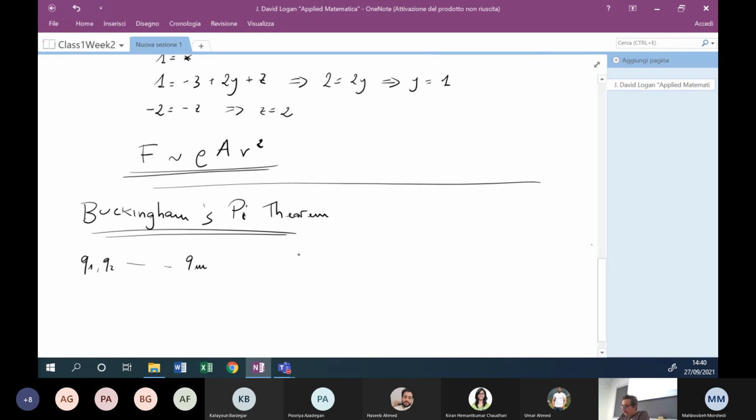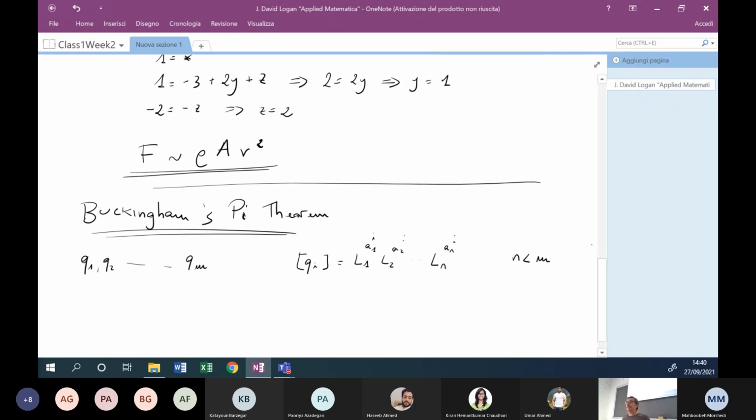Let me suppose that, for example, the dimension of the ith quantity, the quantity number i, is equal to L1 to the power A1i, L2 to the power A2i, and so on, up to Ln to the power Ani. Is this correct? Yes, this is correct. Okay, fantastic.